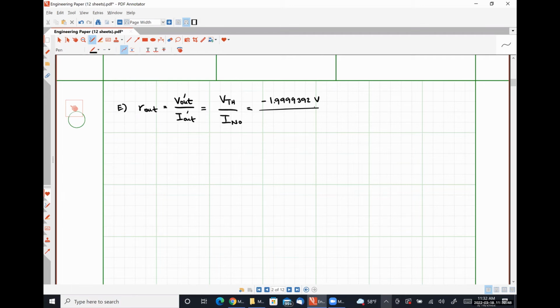Now we have to circle back around to determining the Norton current, okay? So to determine our Norton current, I'm going to redraw our circuit here. I'm going to do this fairly quickly.